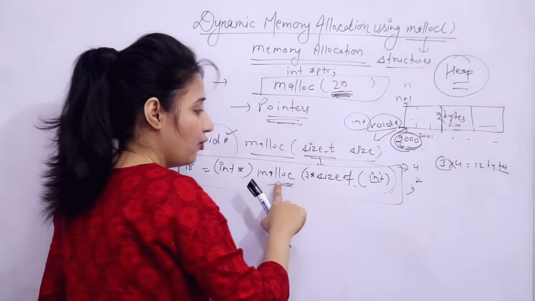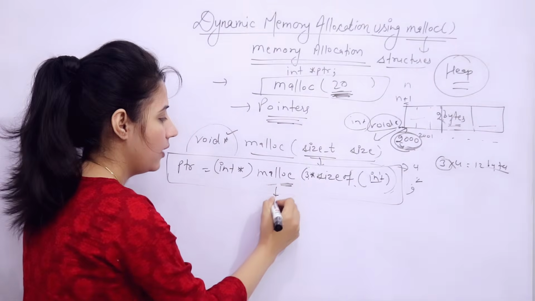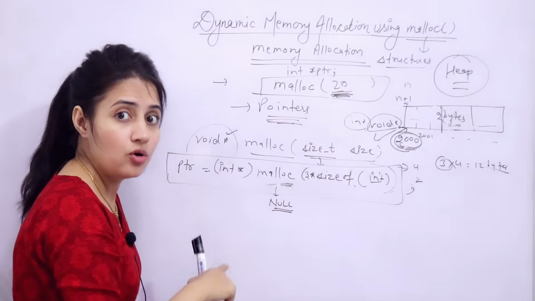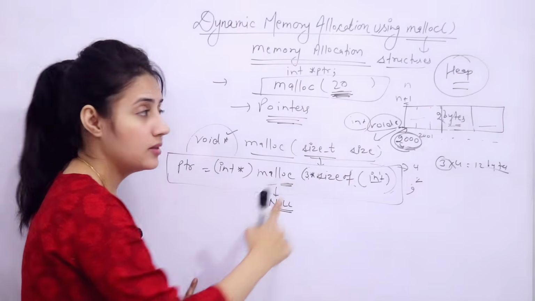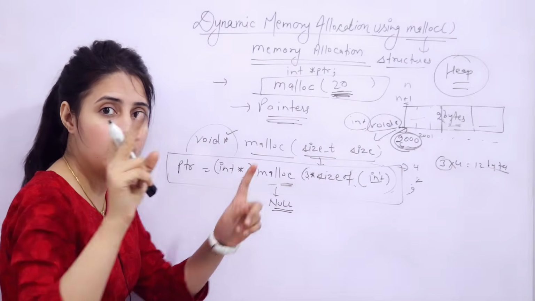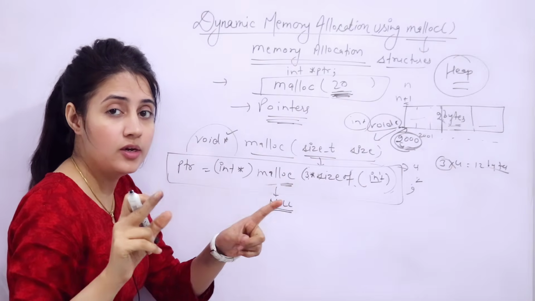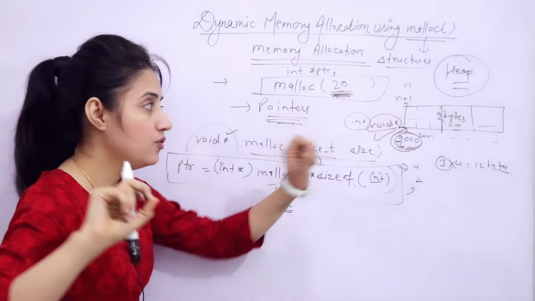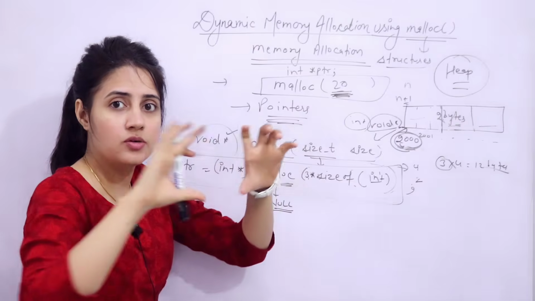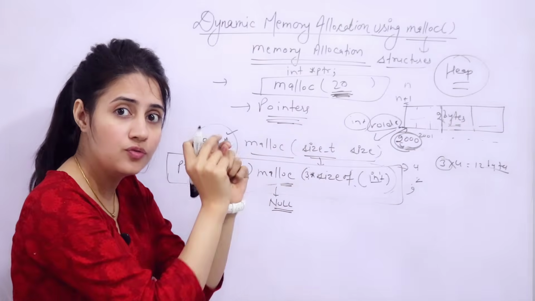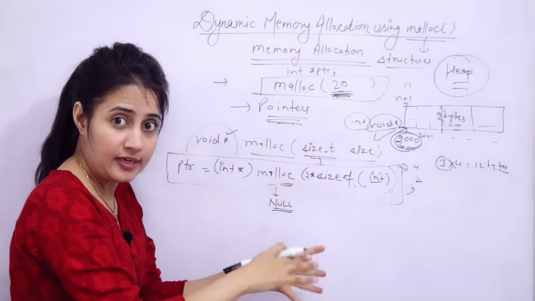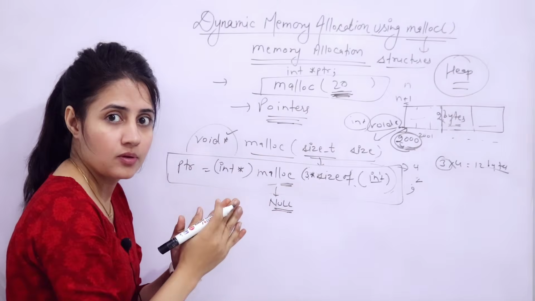So in case of failure, it will return a null pointer, and on success it will return the base address, or you can say the address of the first byte of that reserved block. It will reserve a complete block for however many bytes you want. So the address of the first byte of that block it will return, and on failure it will return null, right.